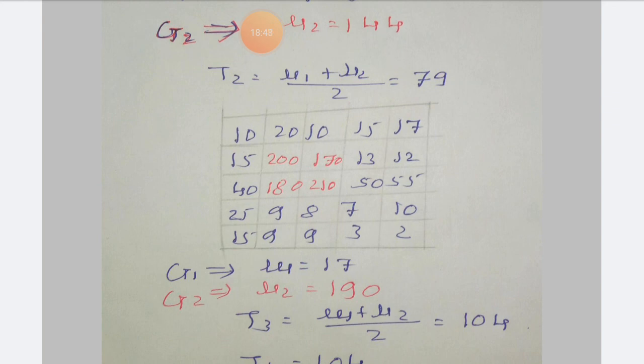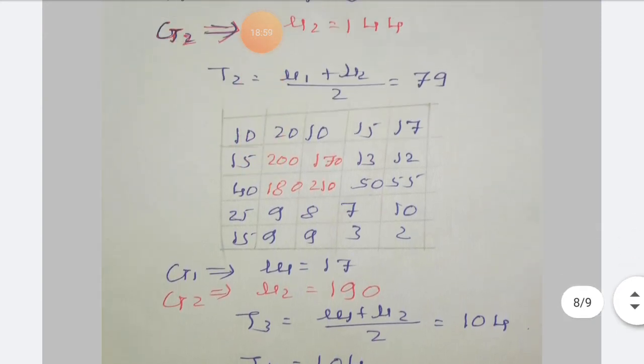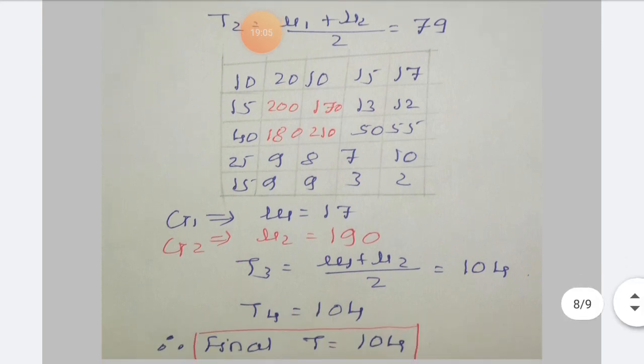Again, 104 is not less than or equal to the previous threshold difference, so we repeat the same procedure. After applying 104, I get the same image, so mu1 is 17 and mu2 is 190 again.